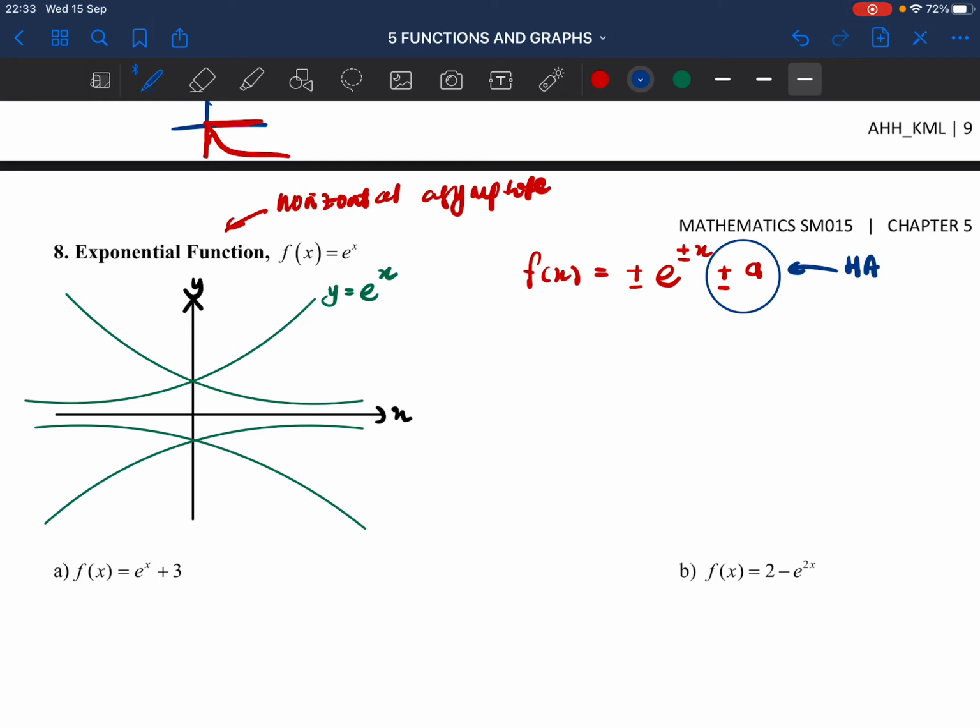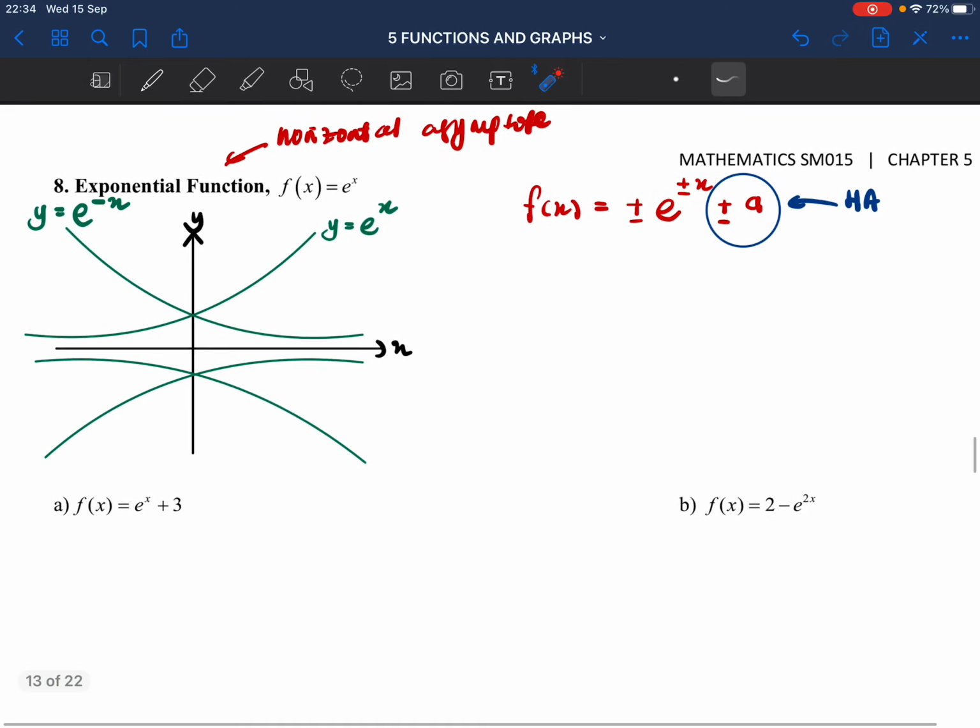Okay, so back to the shape of our graph. So let's see, for this one, daripada quadrant yang kedua pergi kepada horizontal asymptote kita. So we know that this is y positive, x negative. So the function should be looking like this. Y equals to positive exponent, negative x. Okay?